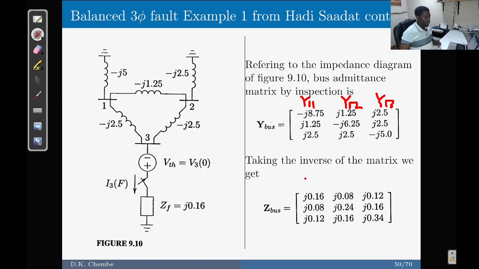Equally, here we've got Z11, Z12, Z13. This is Z21, Z22, Z23. So this is our Z33. Now, because the fault occurs on bus 3, our key variable here is our Z33 that you will see being applied.